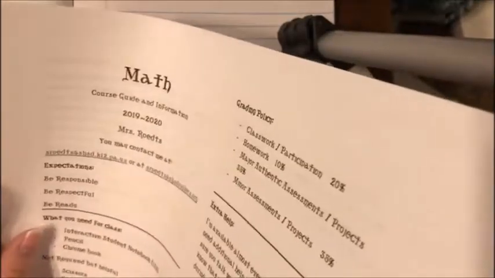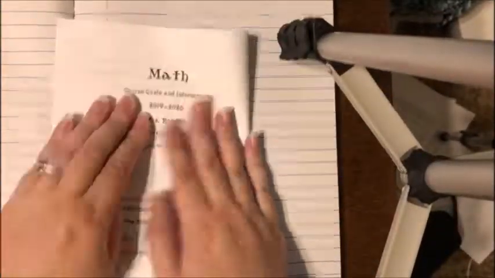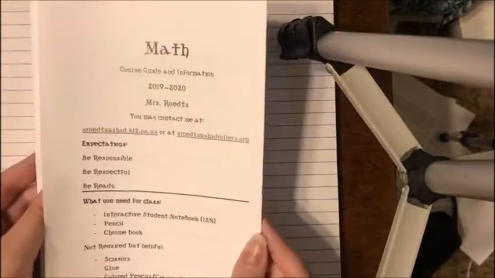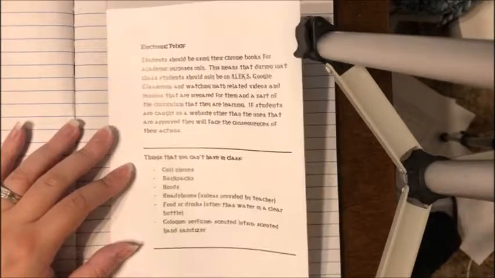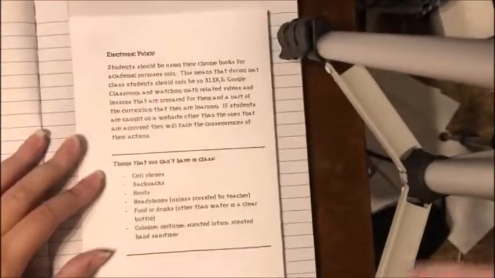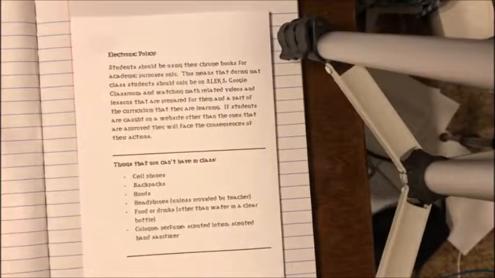On this page, we're going to do something, and then on this page, you're going to take the math notebook, the 2 pages, and you're going to fold them in half. Once you have that done, you can glue these together. Then you want to actually stack the pages so that you have electronic policy and then the one that says math at the top.